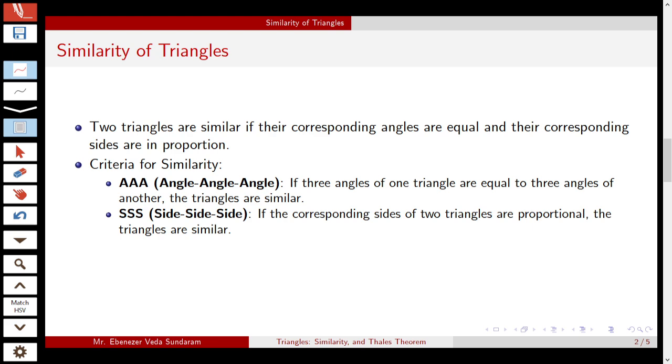It is enough to say that in two triangles, either all three angles are equal, or the sides are in the same proportion, which means the angles of the two triangles are also going to be the same, right?